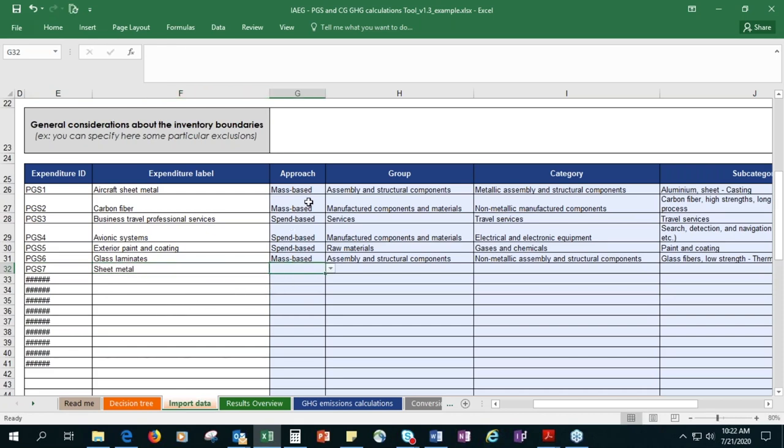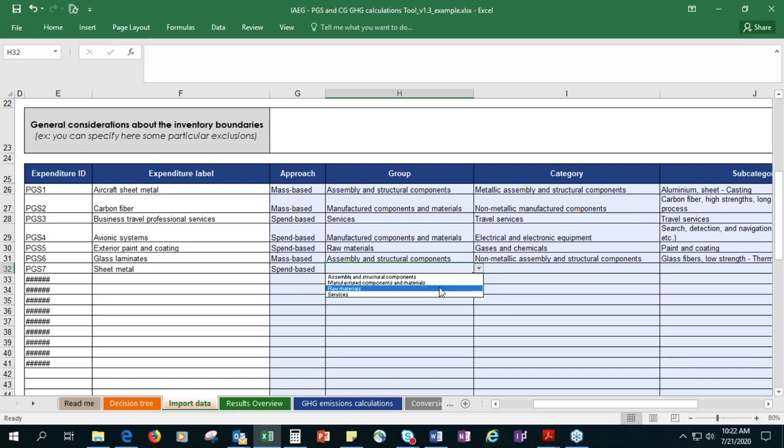Maybe you have a mass-based sheet metal that's specific to aluminum, but maybe you've got another category that's represented by spend that's much more generic. From there, the spend-based approach that you've selected for that line item will then prompt you to select which of the 4 groupings you would assign or map your expenditure category to.